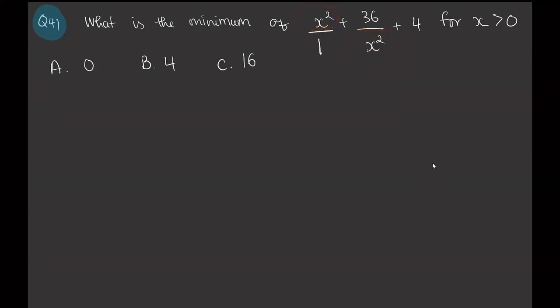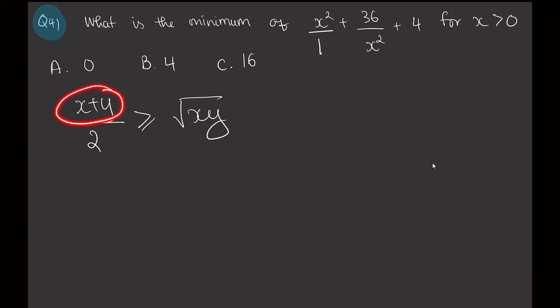You would think about if you multiply them together, you can cancel them. And luckily our AM-GM is (x plus y) over 2 greater than or equal to the square root of x times y. So it is a relationship between the product of two numbers and the sum of two numbers.